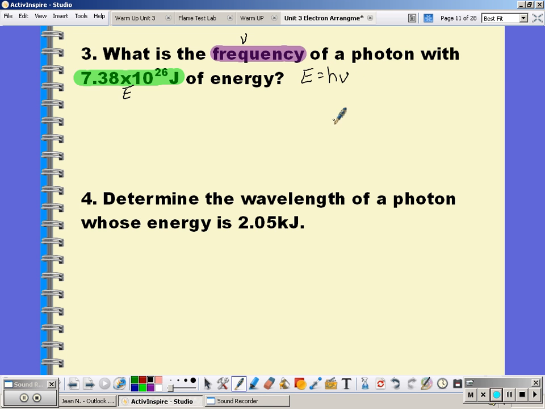Plugging my numbers in, E equals Planck's constant times x. So I'm going to divide both sides by Planck's constant to get my x by itself.